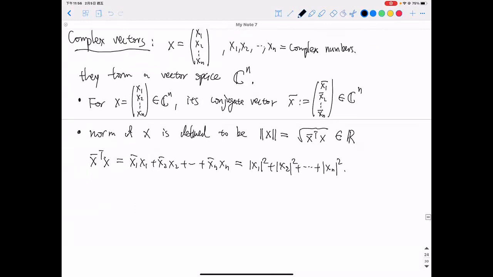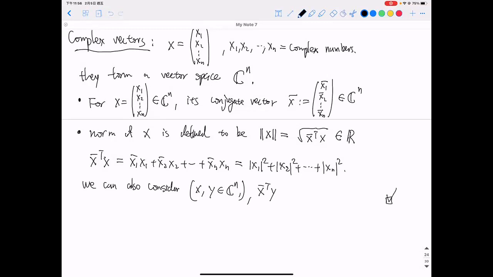Now we can also consider, when you have two complex vectors x and y, the quantity x bar transpose y, but we're not going to use it very much.